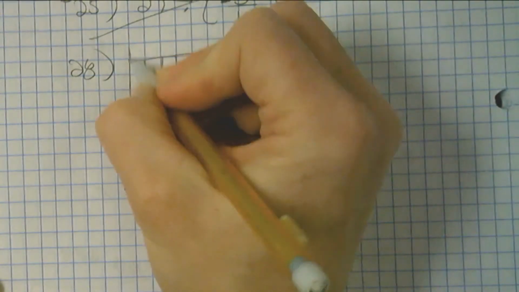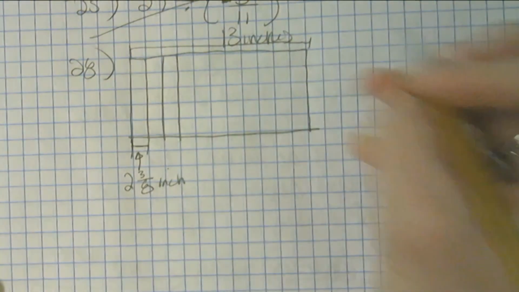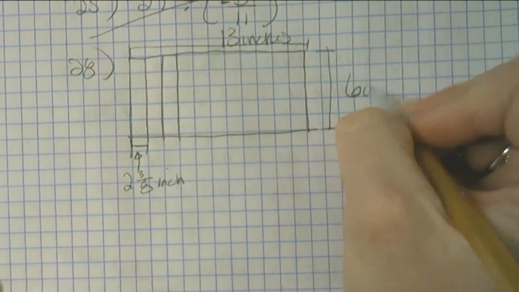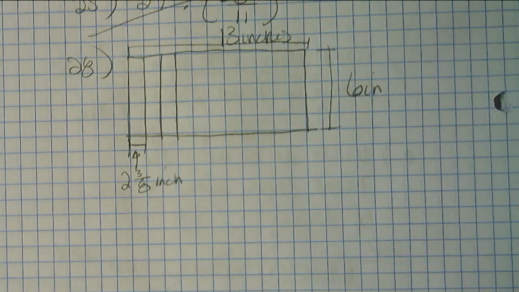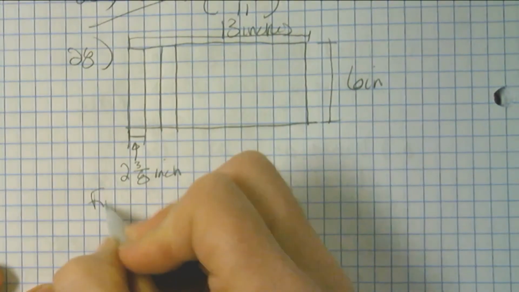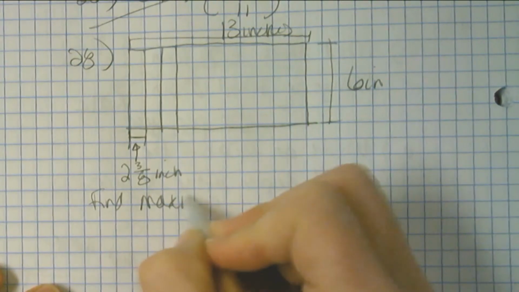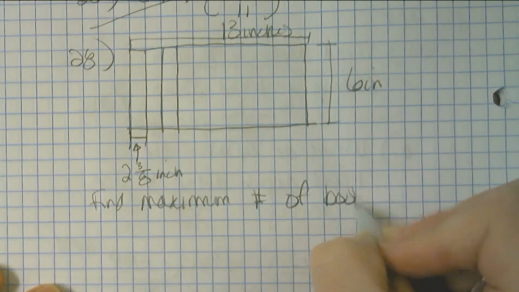The overall length of this is 13 inches, and the width is 6 inches. So this is what we have. It says, if you cut the bookmarks as shown, what is the maximum number of bookmarks that you can cut from this piece of paper? So we want to find the maximum number of bookmarks.